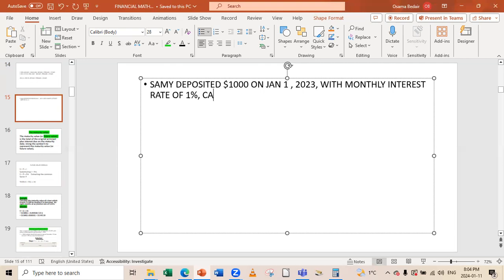Calculate the interest and the sum due on March 25.